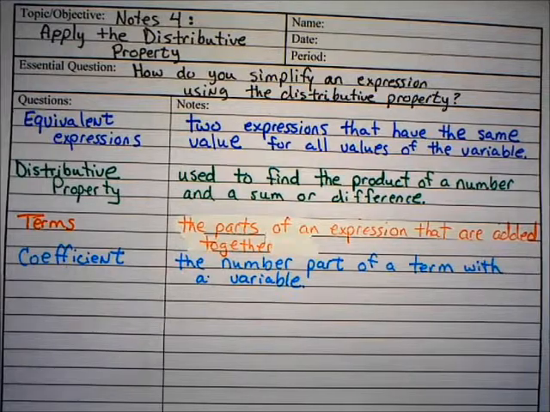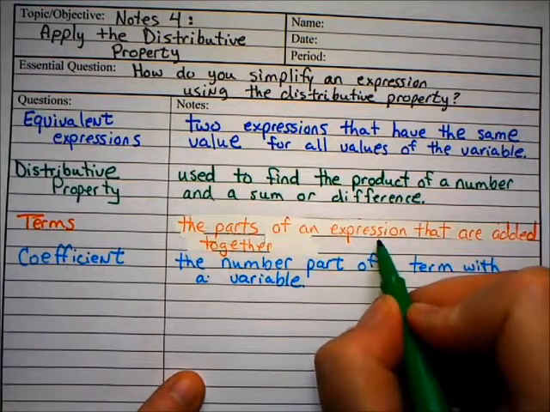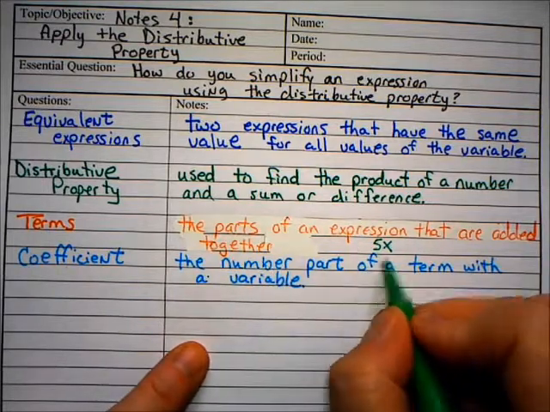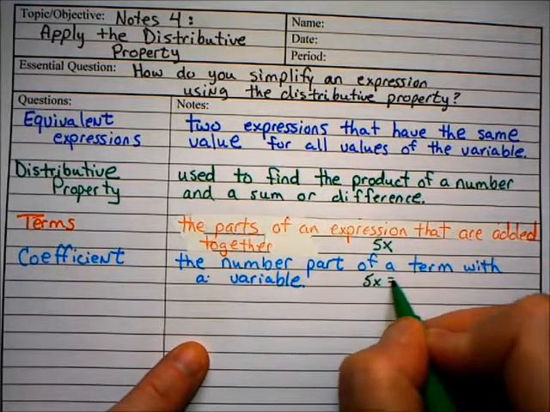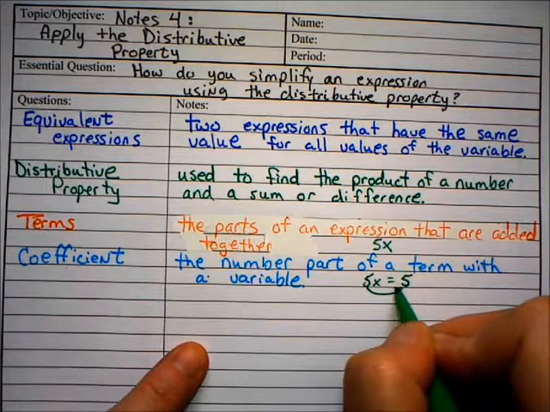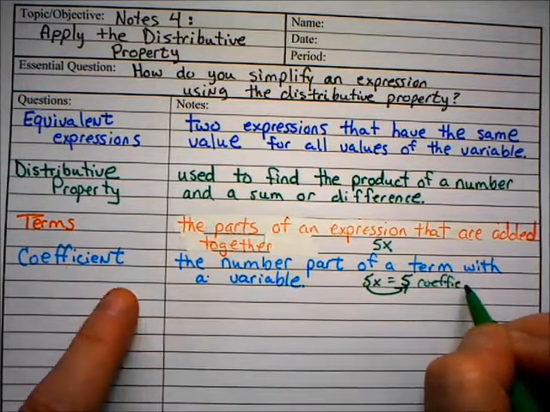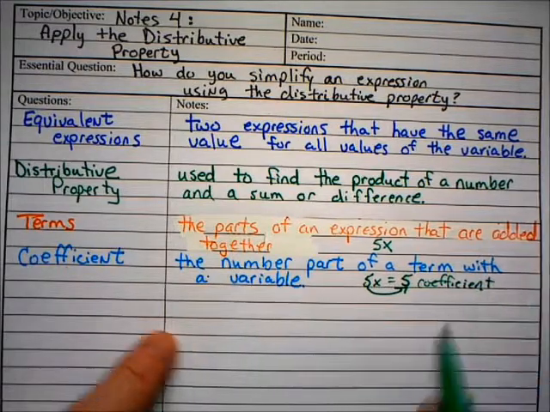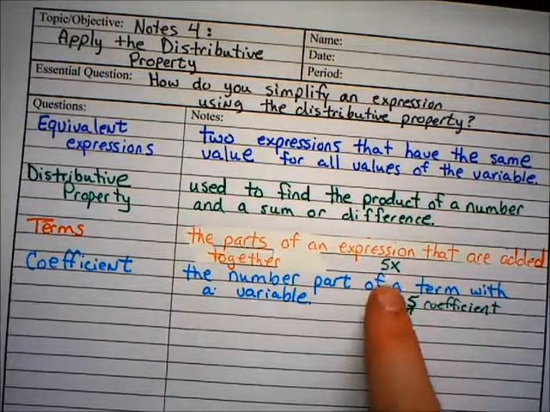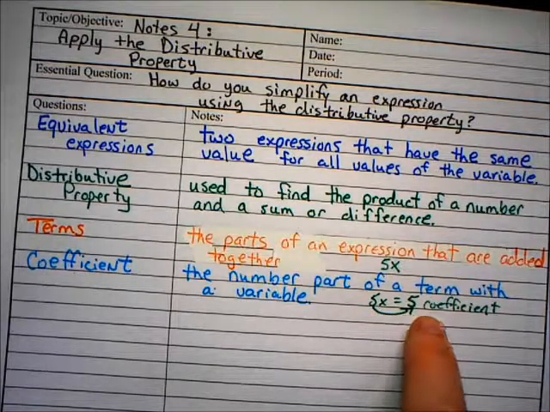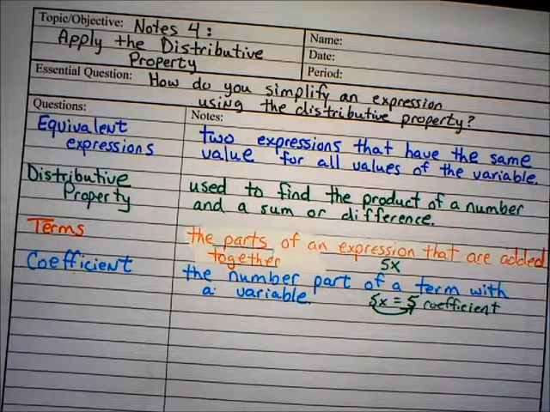So for example, a term would be like 5x, and the coefficient on this problem, 5x, would be the 5. That would be your coefficient, because it has to be with a letter. So a term would just be like 5x, and a coefficient would be the 5 part of the term. Just so you see that.